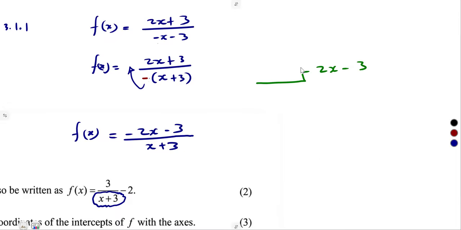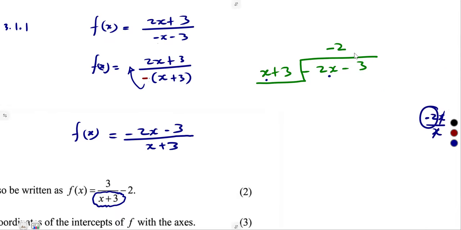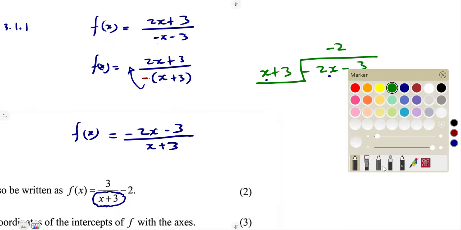So it's x plus 3 into this. How do we divide? It's always first term to the first term, minus 2x divided by x. This is going to give us a negative 2. With the negative 2, we must multiply.